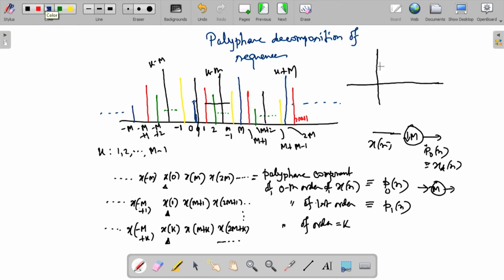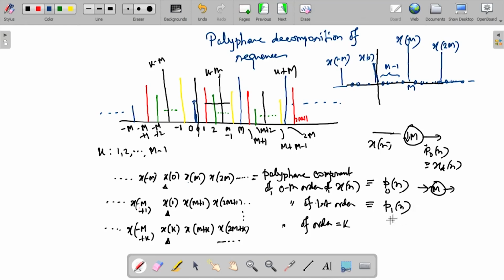So x[0] here, M minus 1 zeros, then x[M] comes to its original place, the Mth, then again M minus 1 zeros, x[2M], and so on. Between them M minus 1 zeros, so x[-M].